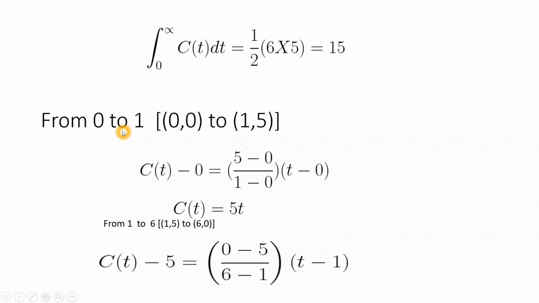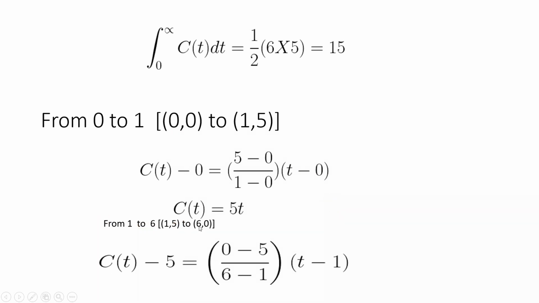From 0 to 1, the points are (0, 0) and (1, 5). So Ct minus 0 is equal to (5 minus 0) upon (1 minus 0) times (t minus 0). From this we get Ct = 5t.